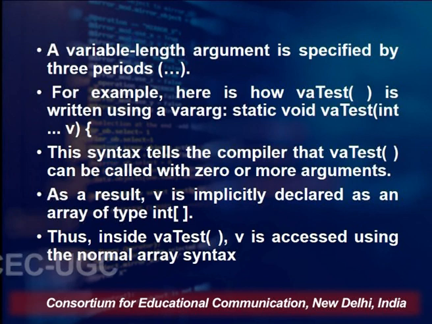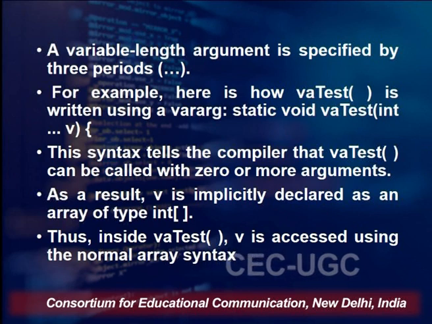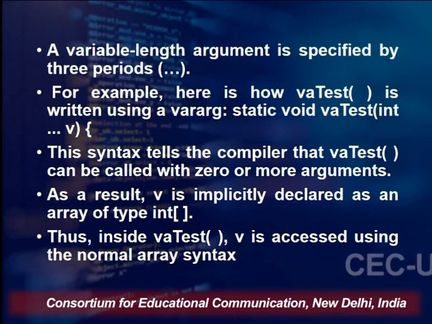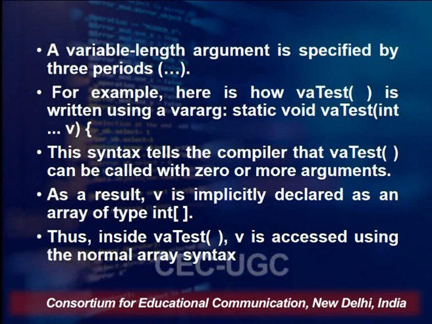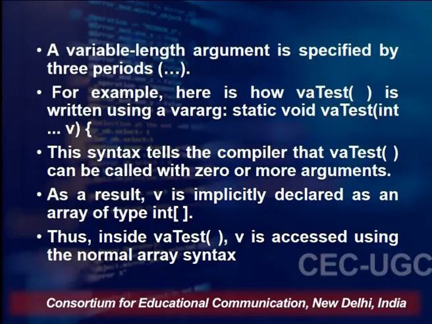As a result, we are implicitly declaring v as an array of type integer, and thus when we use this array v inside the function varTest, it can be accessed using the normal array syntax.